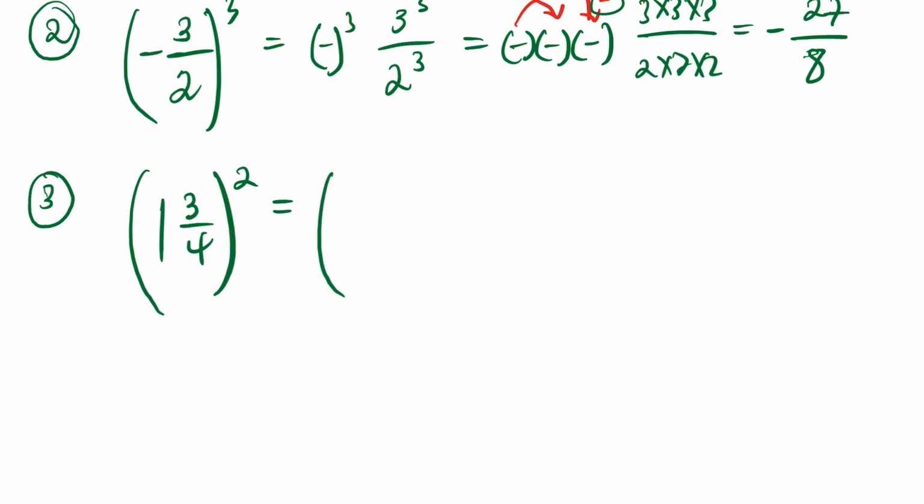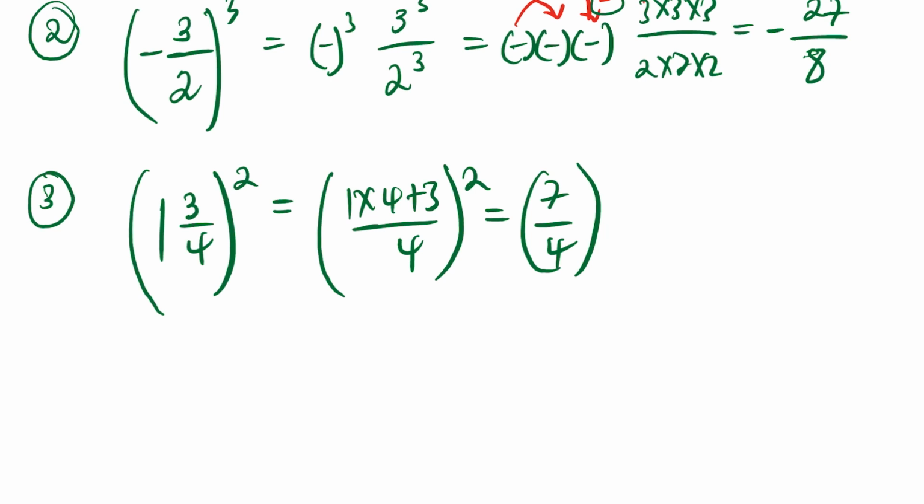So we'll say 1 times 4 plus 3 divided by 4, squared. 1 times 4 is 4, and plus 3 is 7, so 7 over 4 squared, and then this is going to be 7 to the power 2 and 4 to the power 2, right?